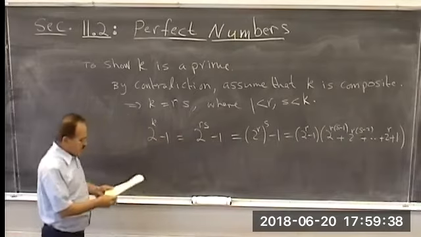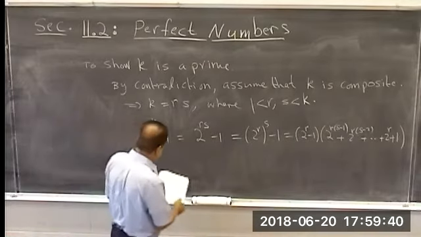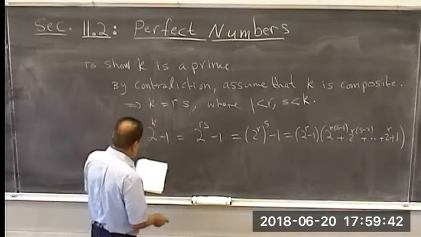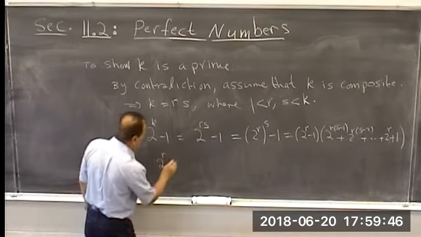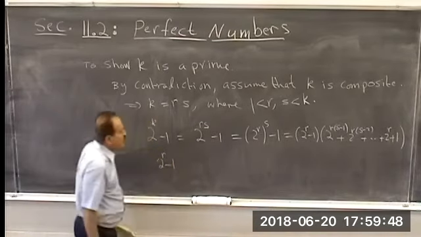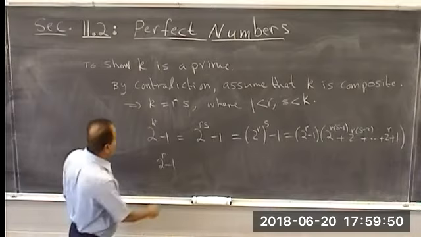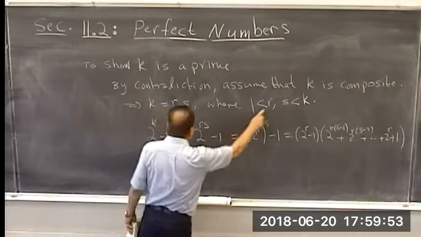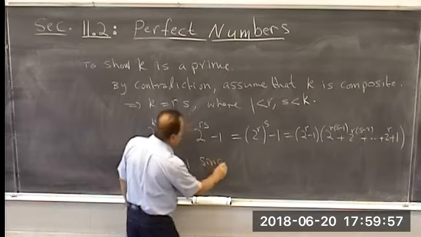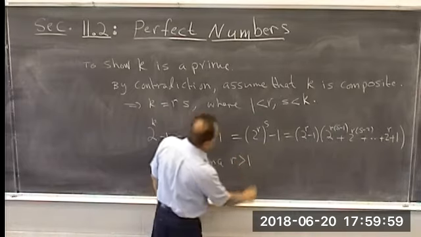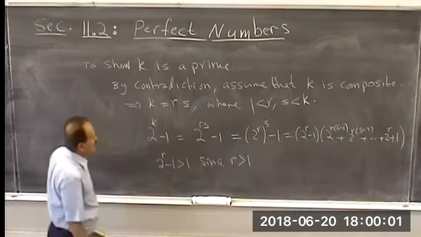All right. Now we have the factor 2^r minus 1. Since r is bigger than 1, this is bigger than 1.